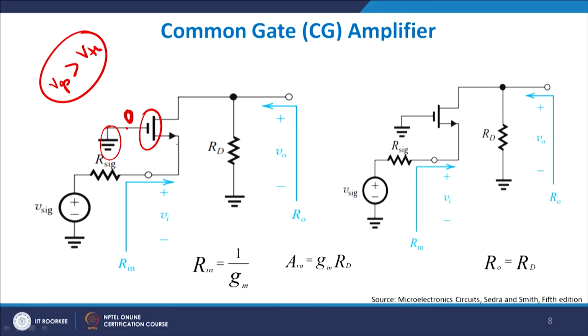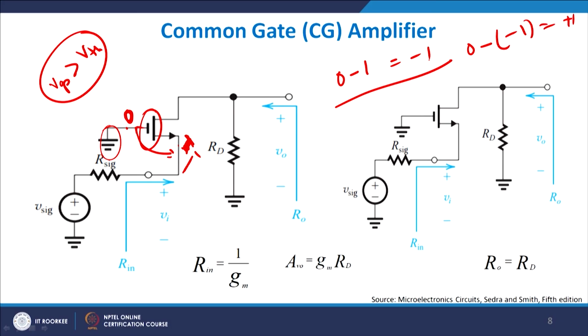So, if your source voltage is positive, say 1 volt, then gate to source voltage will always be negative, 0 minus 1 equals minus 1 volt. But in the negative cycle, suppose this is minus 1 volt here, then 0 minus of minus 1 will be equal to plus 1, and this is larger than the threshold voltage. Let us suppose threshold is 0.7. In that case, this will switch on, and therefore, there will be a current flow, and so I have Rd and so on and so forth.